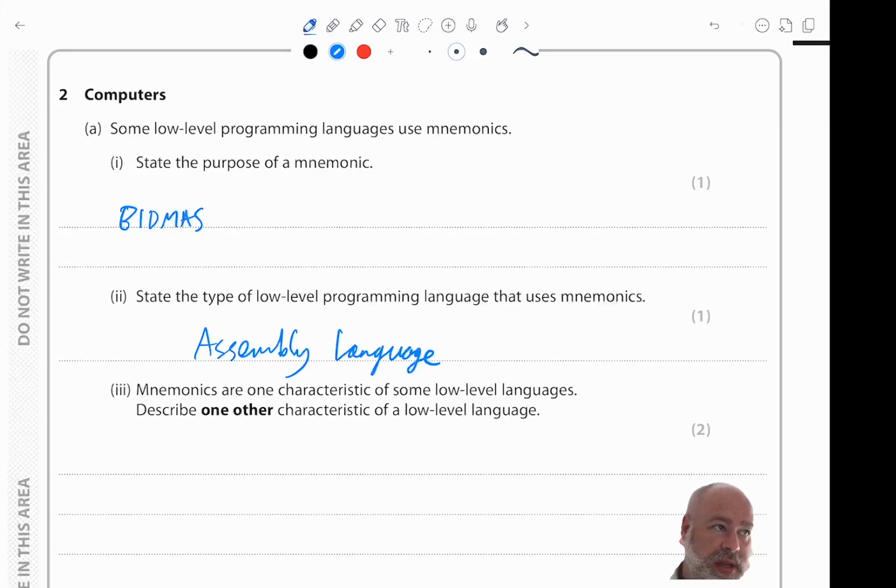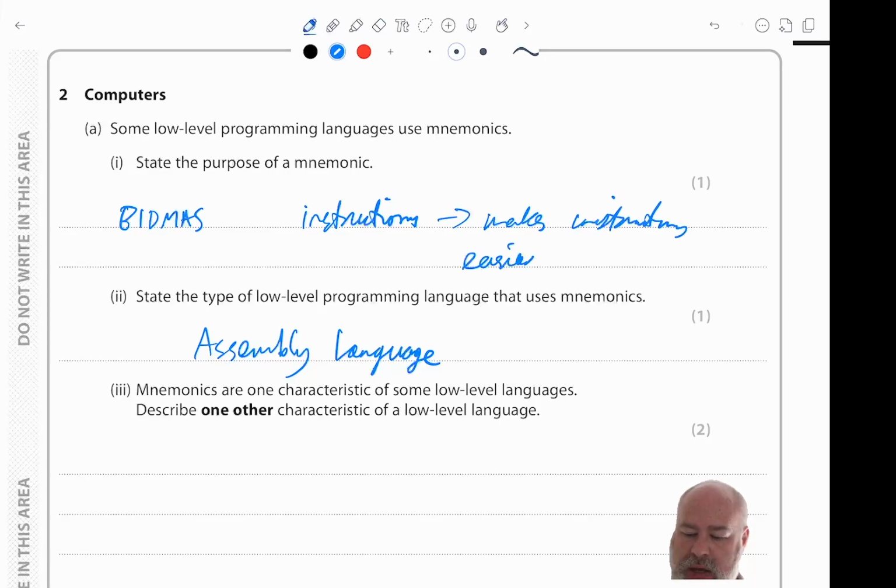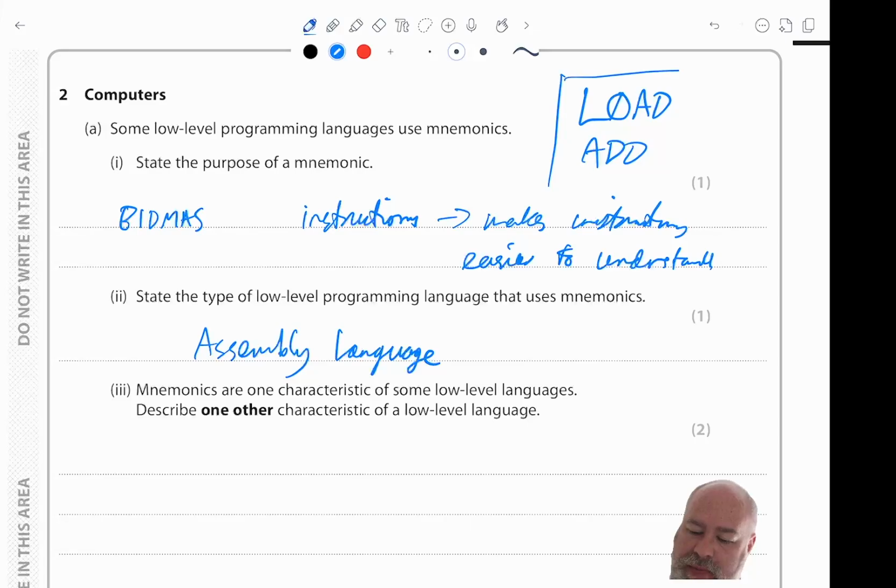Well, for an assembly language, their instructions makes instructions easier to understand or read. They're actually human readable. I mean, there might be something like load or add. You know, in fetch, decode, execute, you might have like load 5, add 6, or something like that. Load location 5, add location 6, something like that.